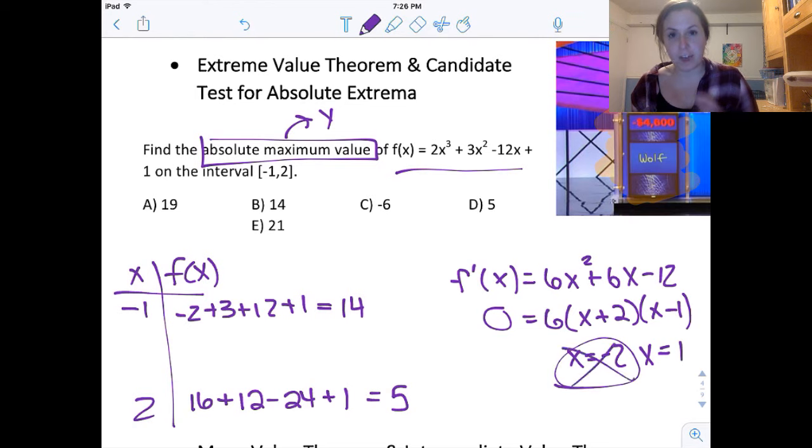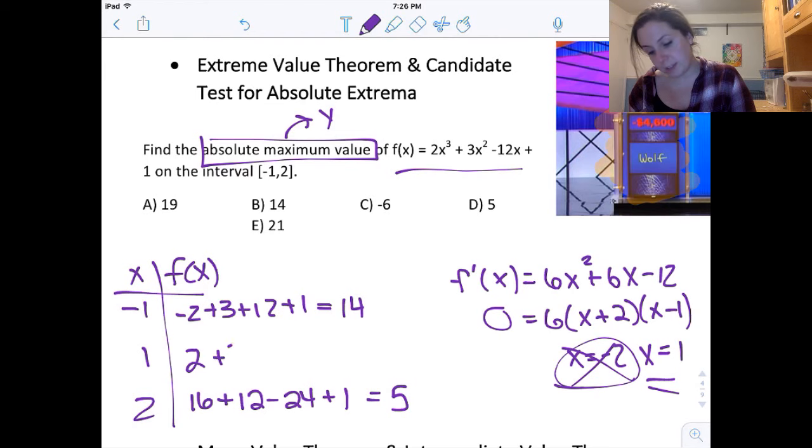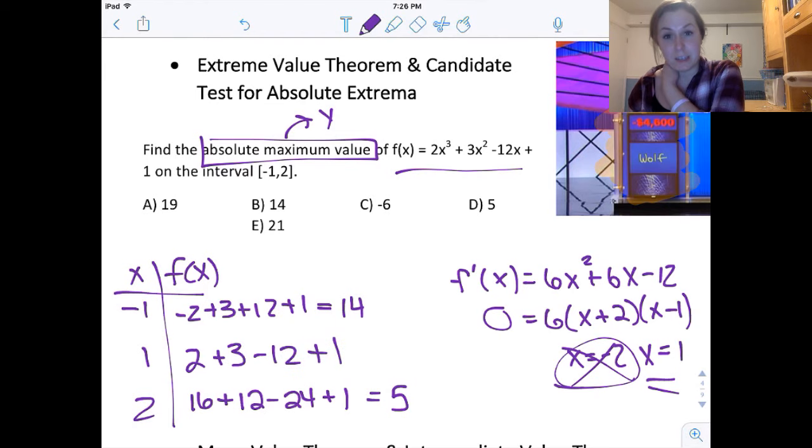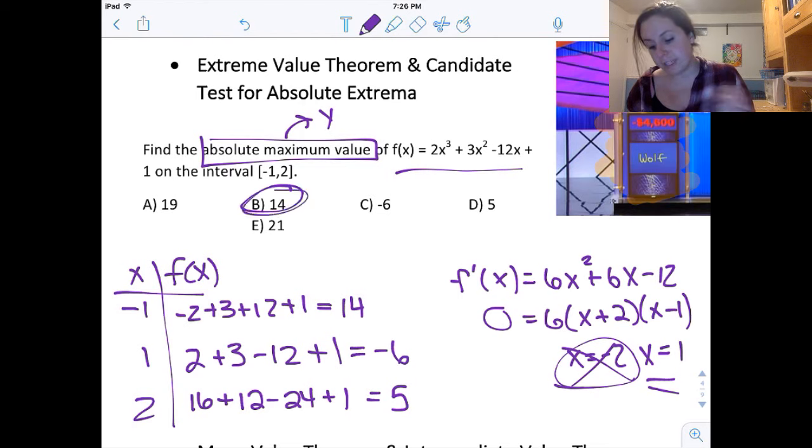Don't worry about it. Positive 1 is on my interval, so I'm going to plug that in and evaluate it. So this would be 2 plus 3 minus 12 plus 1. I can already tell this isn't going to be a maximum, but this would be 6 and then minus 12, which would be negative 6. So my absolute max value here is 14. Remember, for absolutes, test your endpoints and test any critical values on the interval.